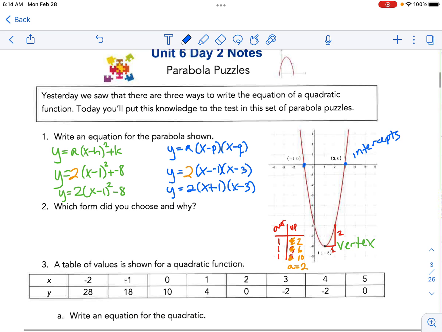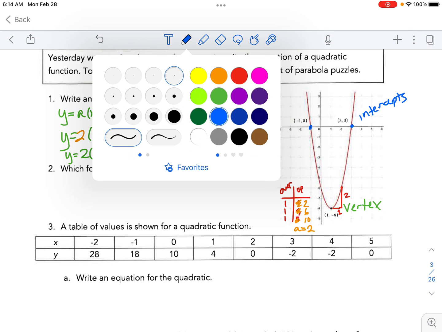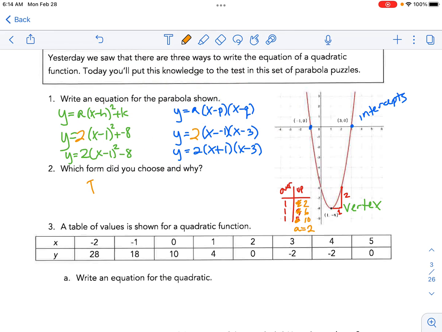So there are the equations in both forms for that parabola. We have both forms there. It's really a choice as to which one is easier for you. I think there's a lot of personal preference there.